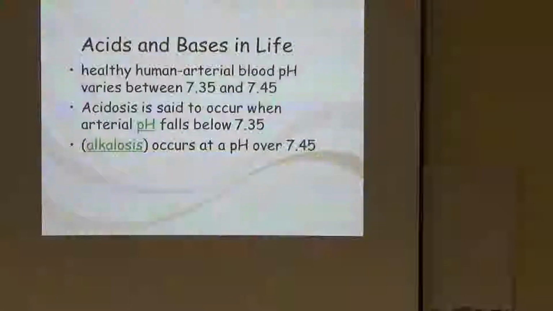This effect, acidosis, is usually one of the symptoms of very serious diseases, and there are a lot of them. Diabetes is one of them. The other one is the opposite: the blood has become too alkaline.